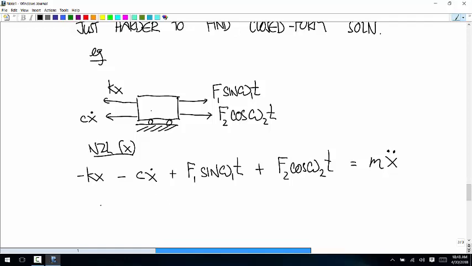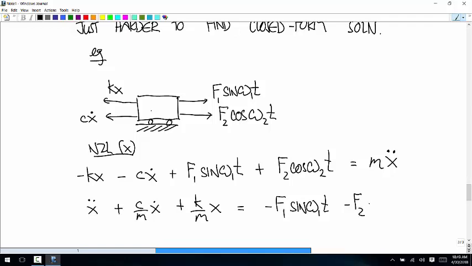And so x double dot plus c over m x dot plus k over m x is equal to negative f1 sine omega 1t minus f2 cosine of omega 2t.